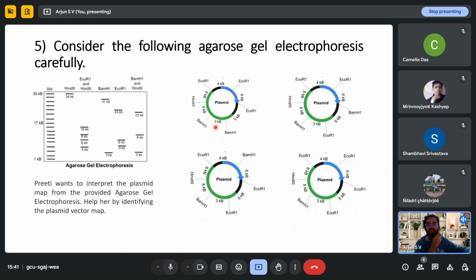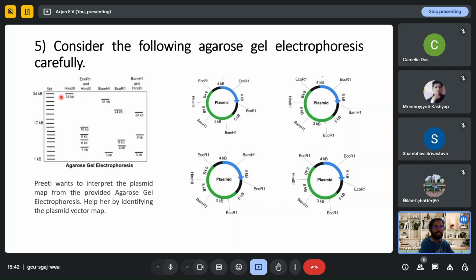So consider the following agarose electrophoresis carefully. They have given this huge electrophoresis where they have a standard of different molecular weights, and they have different cases. They have some plasmid, and we don't know the number of restriction sites, and we don't know what kind of restriction enzymes can act on the plasmid.